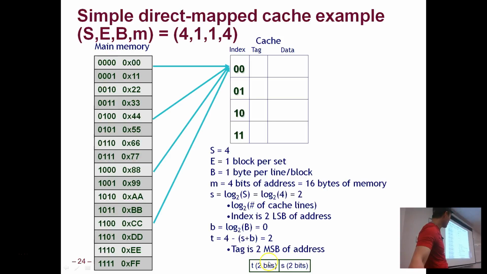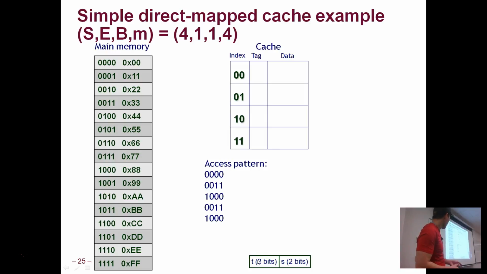So this is the way we're going to index this cache. We're going to use the least significant 2 bits as the index, and then the most significant 2 bits as the tag. And we're going to look at this access pattern. We're going to go 0, 3, 8, 3, 8. And we're going to look at what the cache does as we access this. So the first thing is 0000.